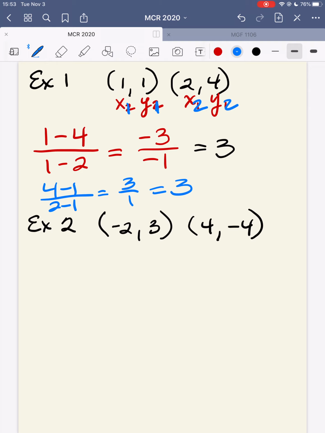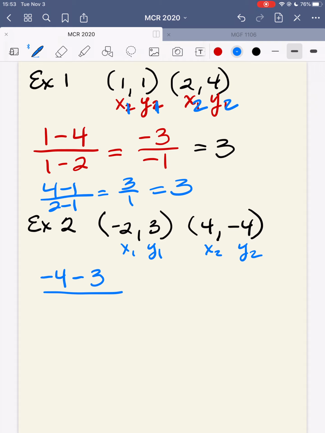Example 2 here has a couple of negatives. Let's go ahead and look at it. I'm going to say, okay, this is x1, y1. This is x2, y2. And I'm just going to go ahead and do the math. Now I have to watch out. I have negatives in here, so I have to watch my signs. Okay. So y2 is negative 4, minus y1, which is 3.